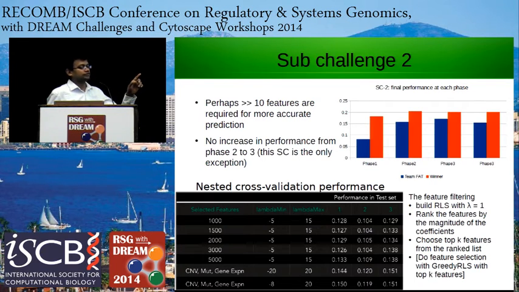There is an improvement of performance from phase 1 to phase 2, but there's a slight drop, even though it's not significant, from phase 2 to phase 3. I don't know if this sample size can be directly translated here. One thing I think is that we're not doing very well in sub-challenge 2, even though the method is designed to do the same kind of things. And I believe that we may need more than 10 features to be able to make a more accurate prediction.